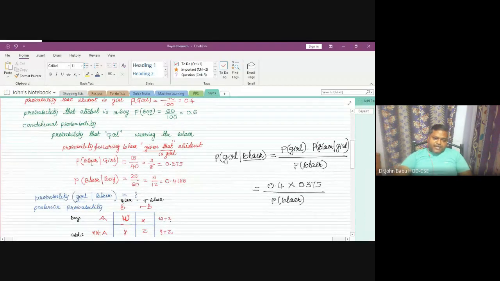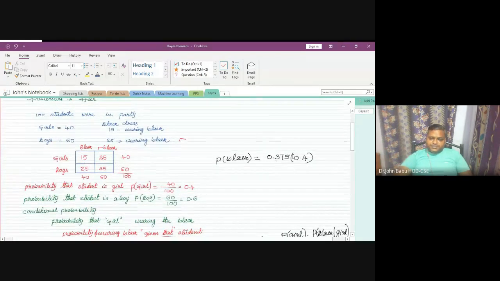Given a girl wearing the black is 0.375. So that probability into total girls probability.